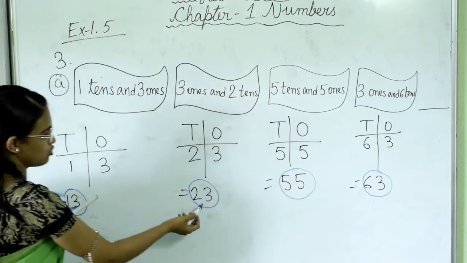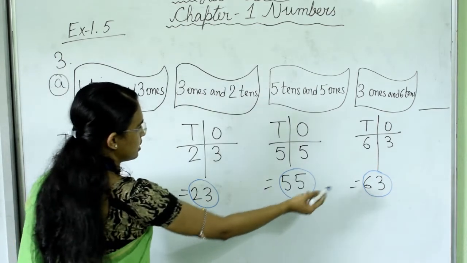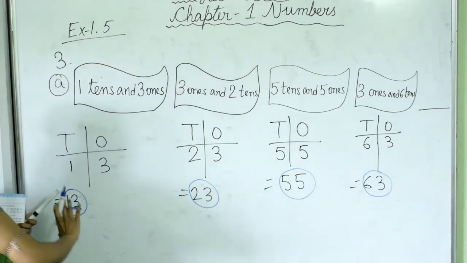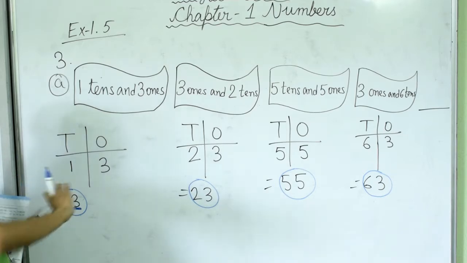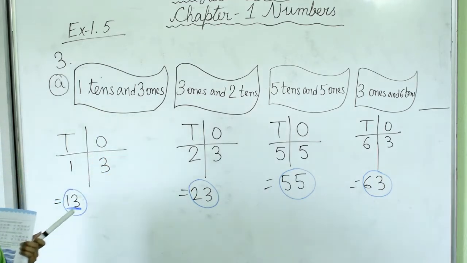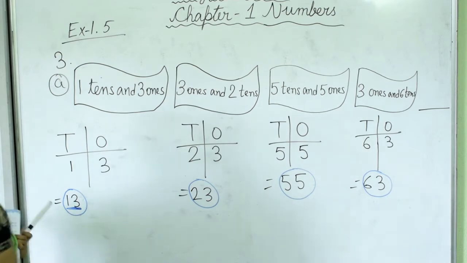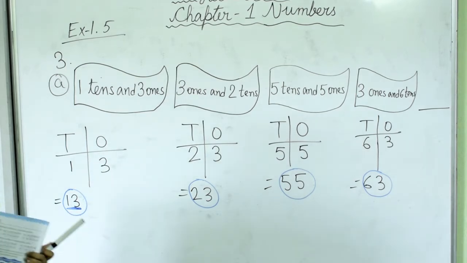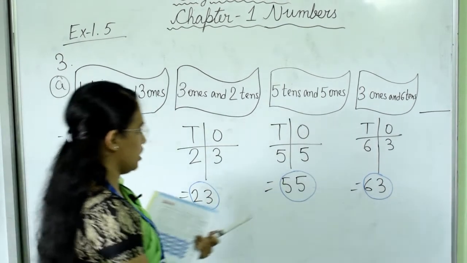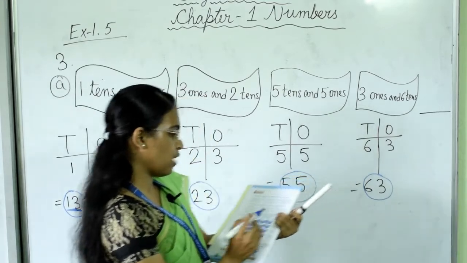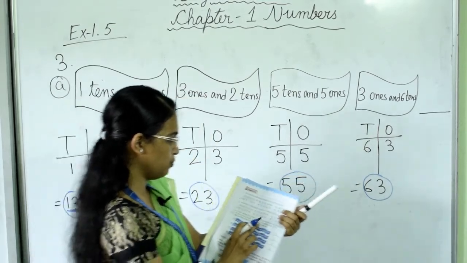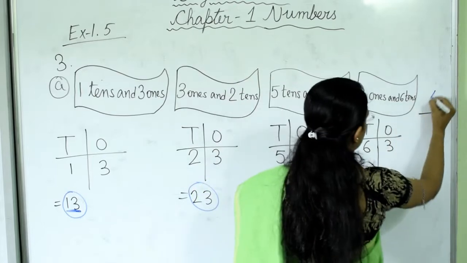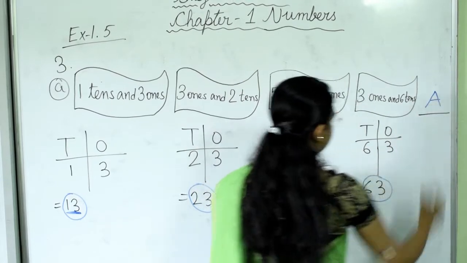Second smallest number is 23, then 55, then 63. That means it is written from smallest to biggest. So is this one ascending or descending? Yes, it is ascending. So if the numbers are ascending, what do we have to write? We have to put A. So here we have to put A.